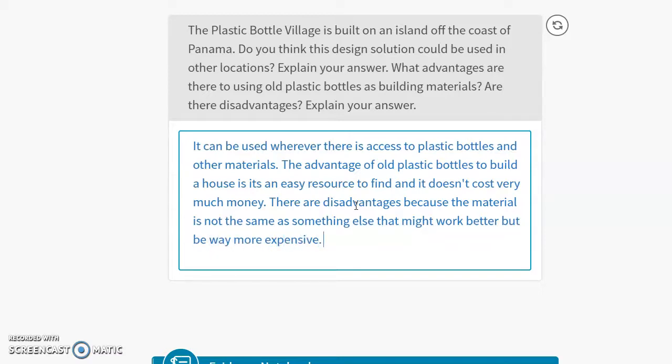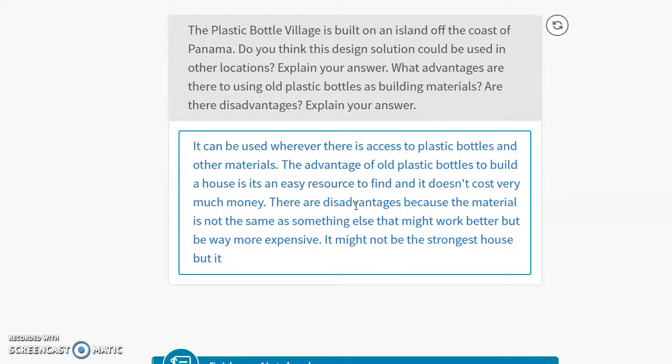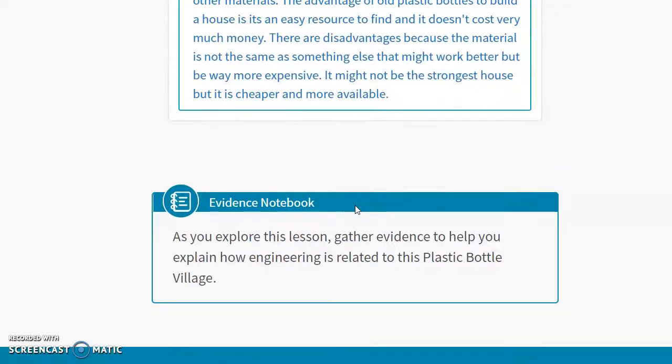So yes, you could take clay and you can do insulation and many different things and have that create your house and it'll make your house like a very strong house. It might not be the strongest house. So it's cheaper and more available, right? So it's not necessarily the strongest house, but it's very easy and cheap to build.